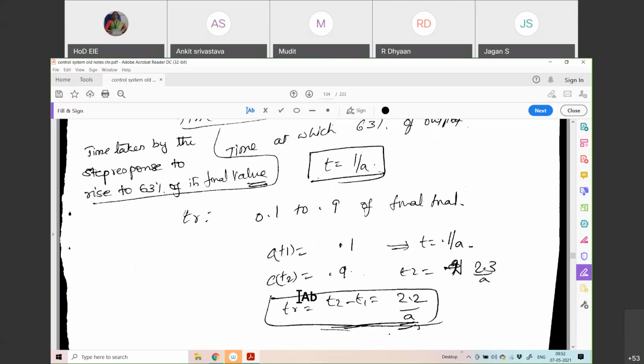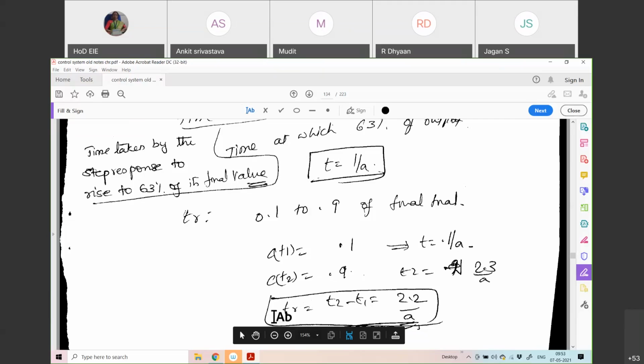Then there is something called rise time, TR. For the first order system, rise time is given as 2.2 by A. Again, A can be 4, A can be 10, A can be 16, whatever value is given. I want you to know the time constant as 1 by A and the rise time as 2.2 by A for the first order system. What is rise time?